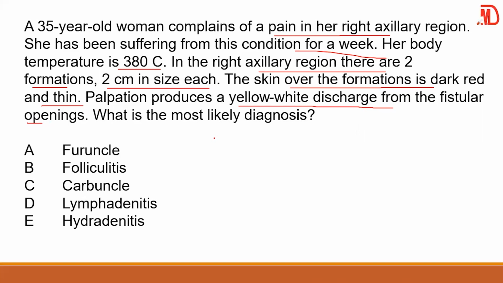And over here, we will be looking at hidradenitis. Not a furuncle or a carbuncle. Now, a furuncle is just a boil. Multiple boils are called carbuncle. But over here, this is not a boil. This is hidradenitis, also called acne inversa.